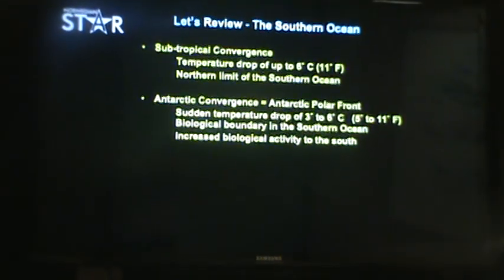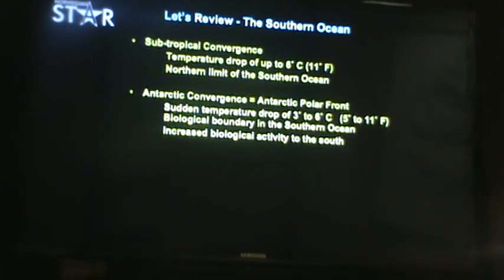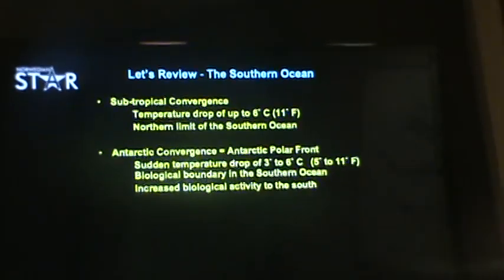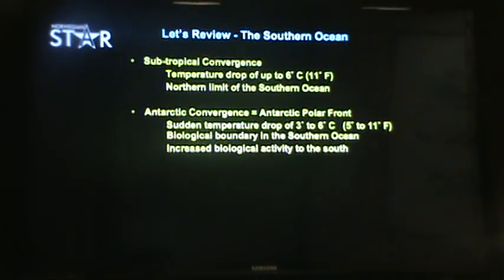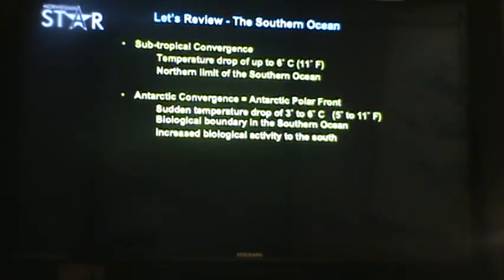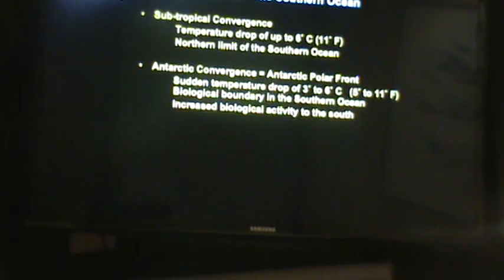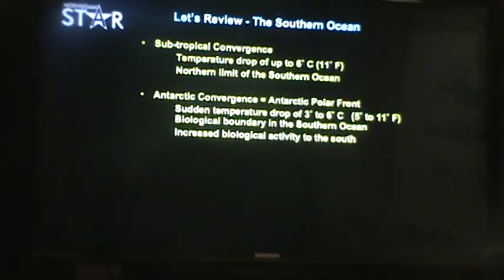Second, probably the most important thing from a biological viewpoint is the Antarctic convergence, or the polar front. There's a sudden temperature drop, which I showed you some illustrations of, that takes place during spring, summer, late summer, almost into autumn, of somewhere between 3 and 6 degrees Celsius, or 3 to 11 degrees Fahrenheit. It's the biological boundary of the Southern Ocean, with enormous increases in biological activity to the south.